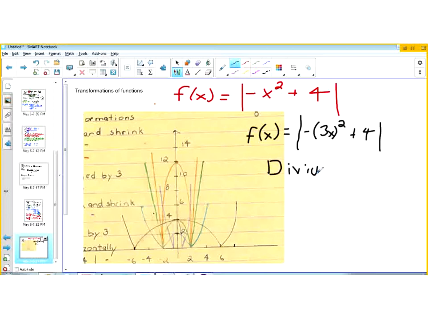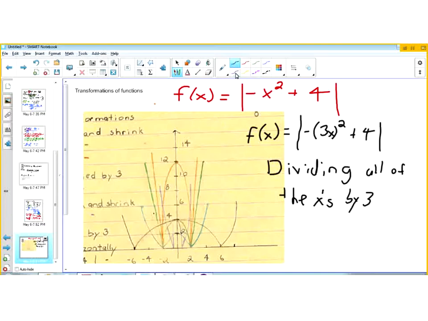Well, what I'm doing here is dividing all of the x's by 3. And so that would basically compress the graph. So I'm compressing the graph.